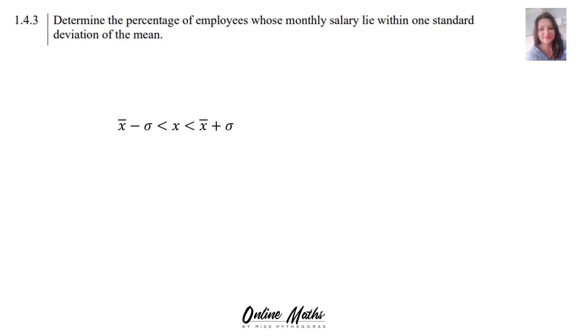Now, there's a little formula that's not on the formula sheet that you're going to use. It is the mean minus standard deviation and mean plus standard deviation, and this is what you're going to work out. That X means how many values will lie within the 2 parameters there.